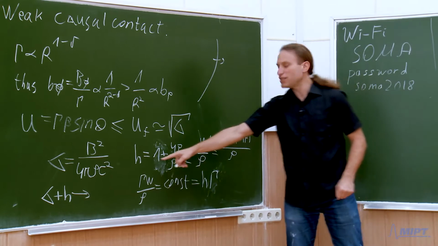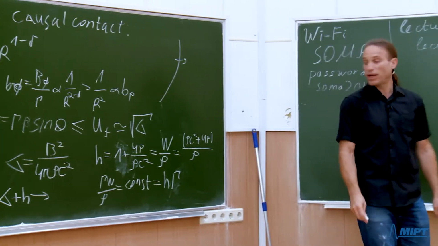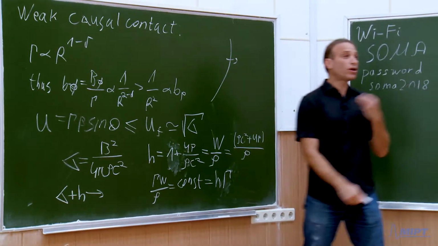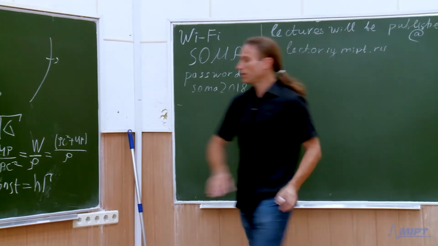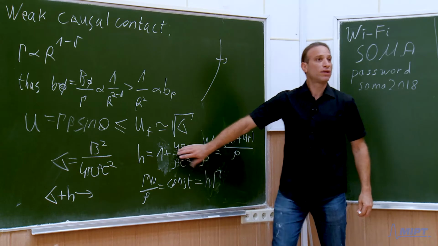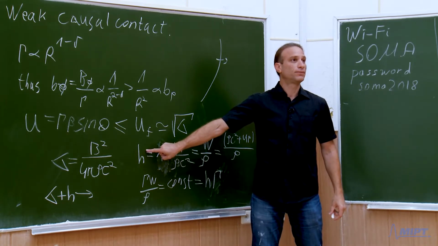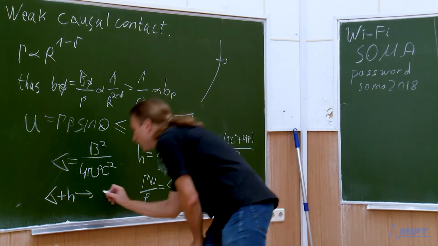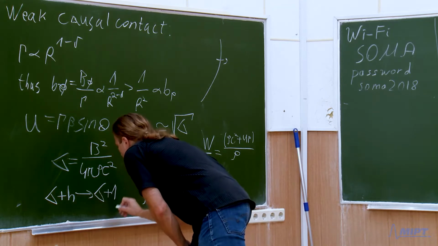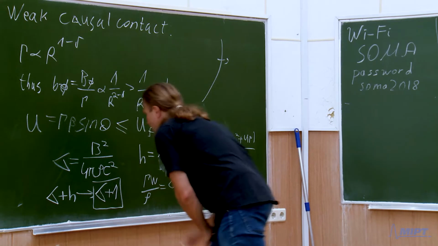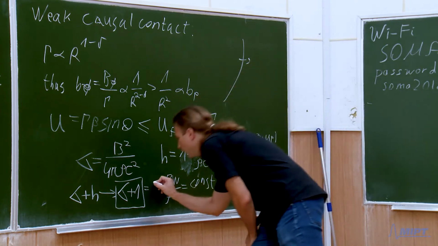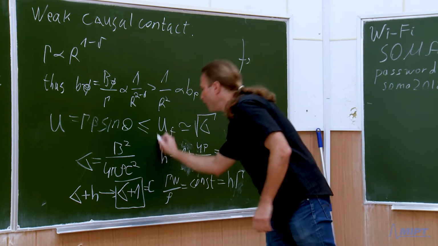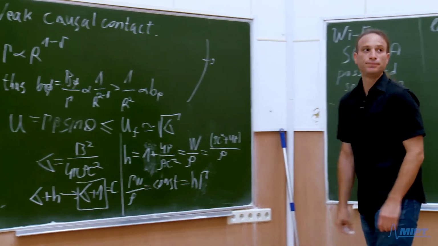I forgot the rest mass energy density here. When the flow is cold and we don't have any thermal pressure, this part is 0 and H is 1. So this goes to sigma plus 1 is conserved, equal to some constant.